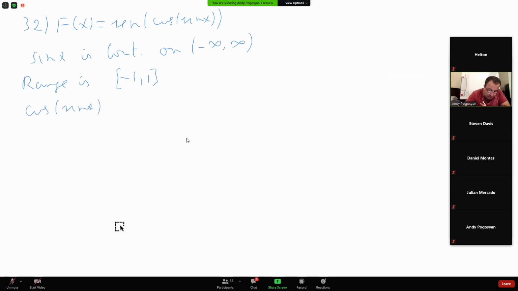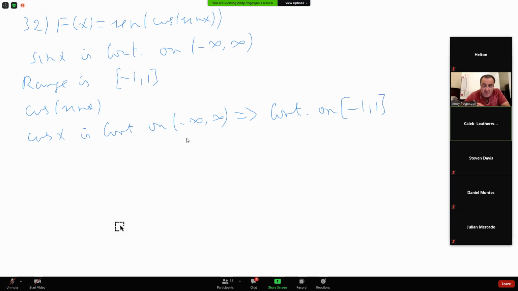So, cosine x is continuous on negative infinity to infinity, which implies it is continuous on negative 1, 1, the range of sine x. It's going to be continuous. Cosine of sine x has range from negative 1 to 1 again.